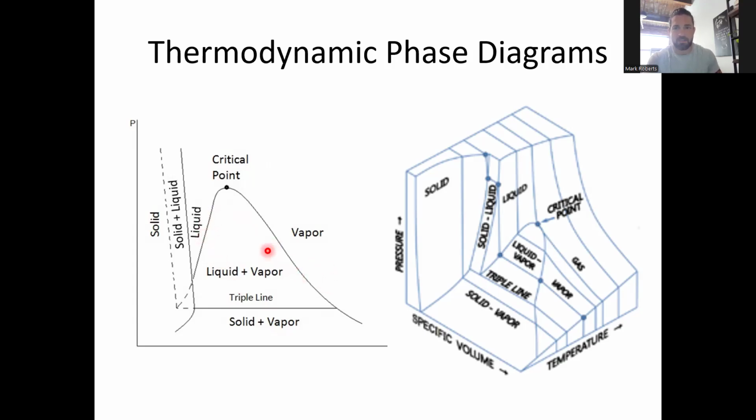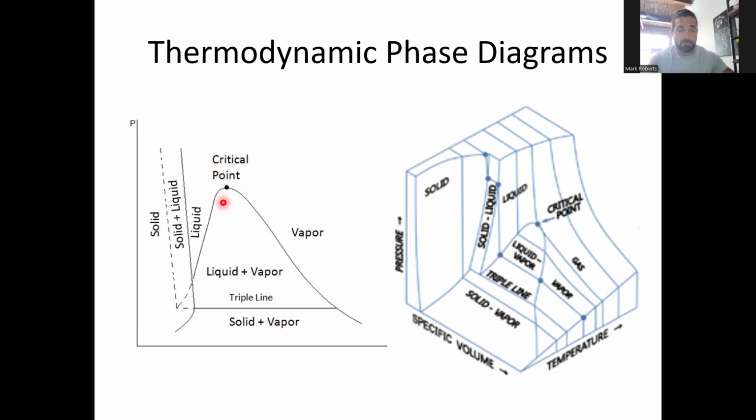That also depends on the specific volume. If you think about taking water at a certain temperature and pressure and confining it to a certain container size, and then you increase or decrease the container size, you might vaporize some of the water or condense some of the water. So you have a different amount of water versus vapor depending on the size of the container at different temperatures and pressures. That describes what this specific volume element is.